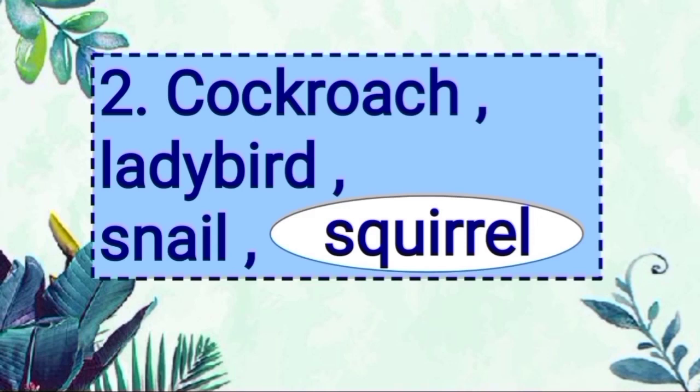Here cockroach, ladybird and snail are animals without backbones, meaning they are invertebrates. But the fourth word, squirrel, is an animal with a backbone. So the fourth is different from the first three words, so we have to circle squirrel.